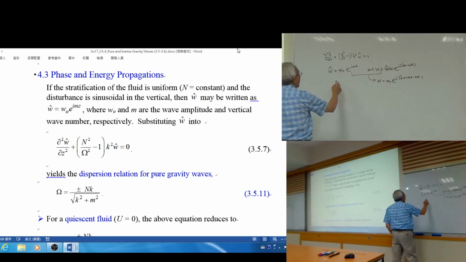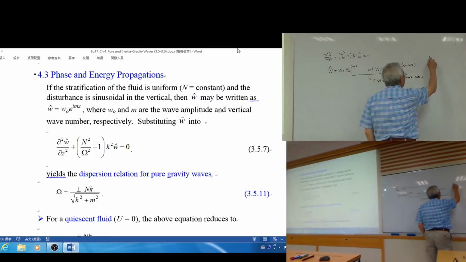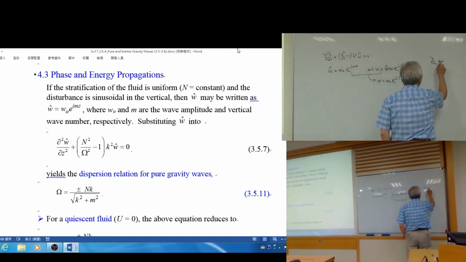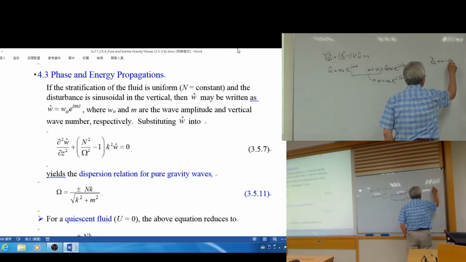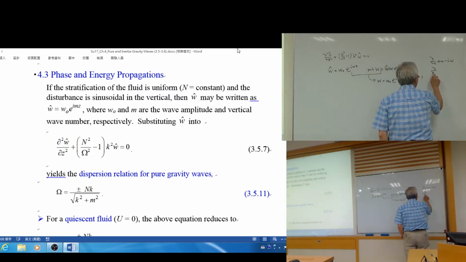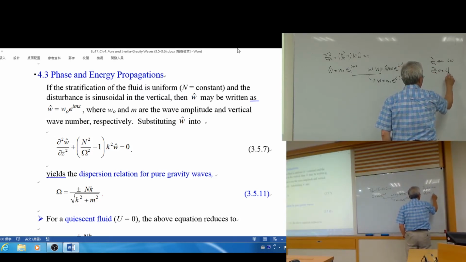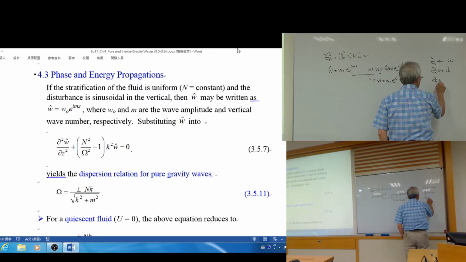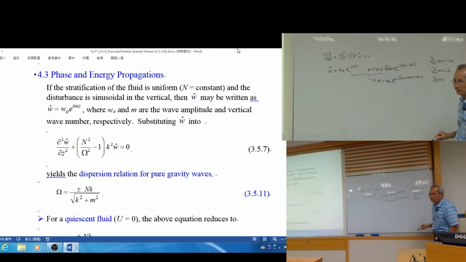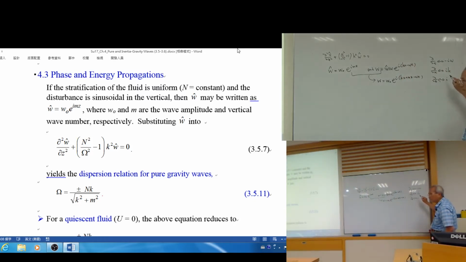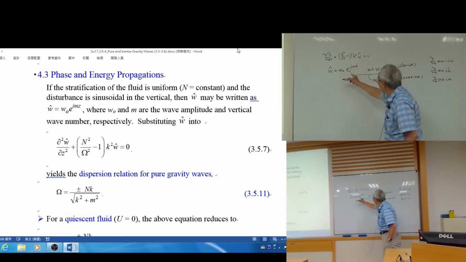So here we have d/dt corresponding to negative i omega, d/dx corresponding to ik, d/dz corresponding to what? im. Okay, im because of this.